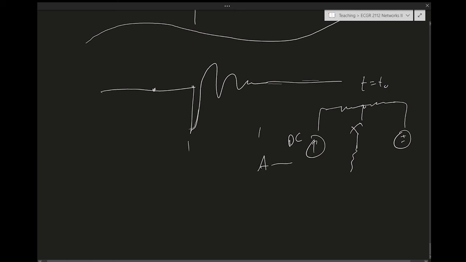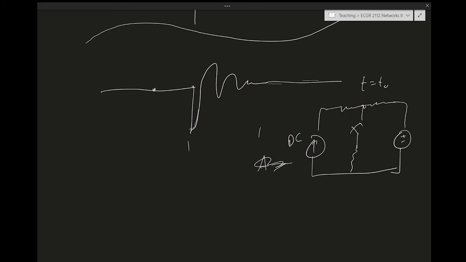We still don't know yet how to analyze any transient in general for non-DC sources. We will know how to do that once we go a bit deeper into AC analysis, sinusoidal analysis, and ultimately the Laplace transform, which allows us to analyze transients in circuits for any general forcing function, any general source acting on the circuit.